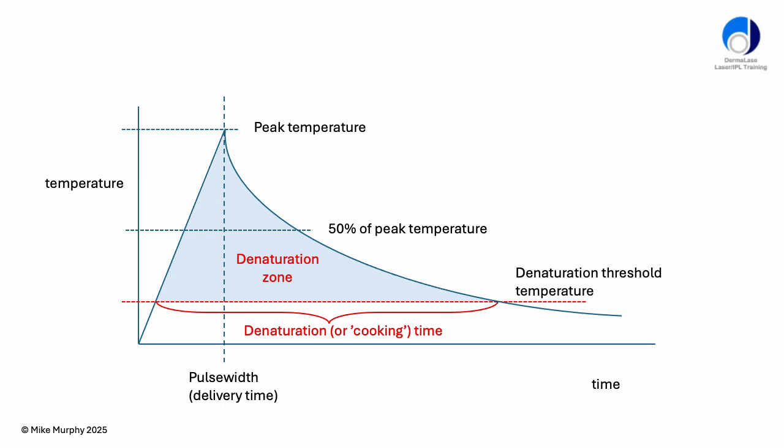And that zone occupies part of the pulse width, as you can see here, and a significant chunk of the cooling time after the pulse is finished. So this is the third important time in this sequence. This is the denaturation time, and it's a time over which the tissues and the cells will actually cook or denature.